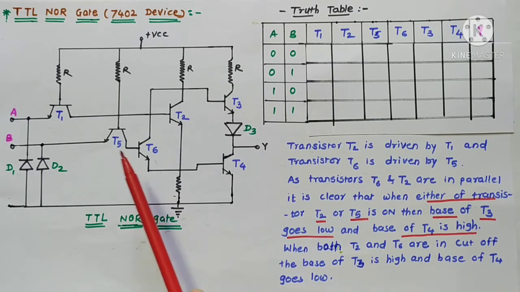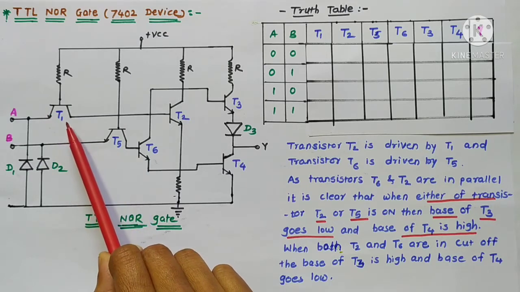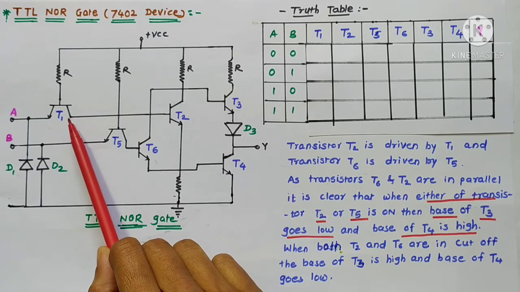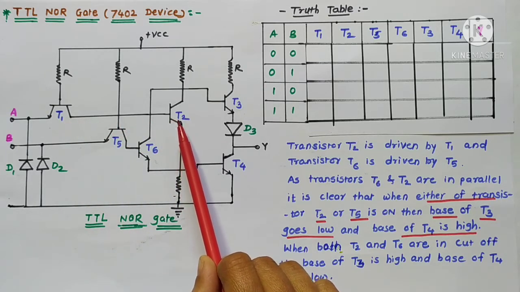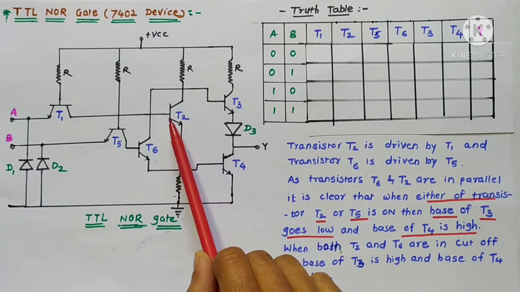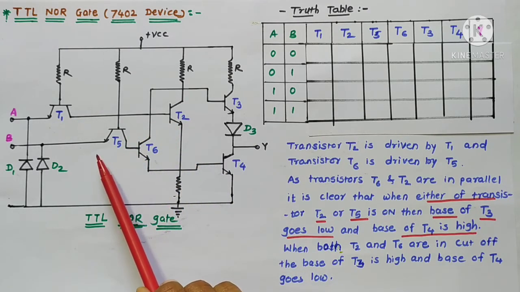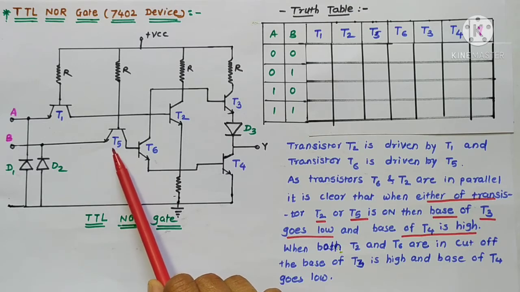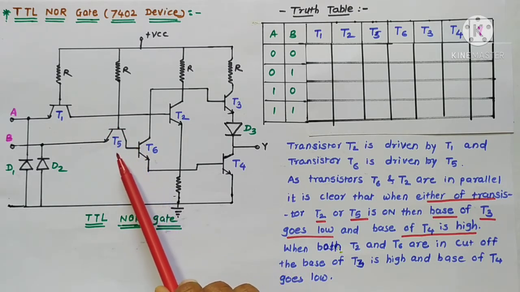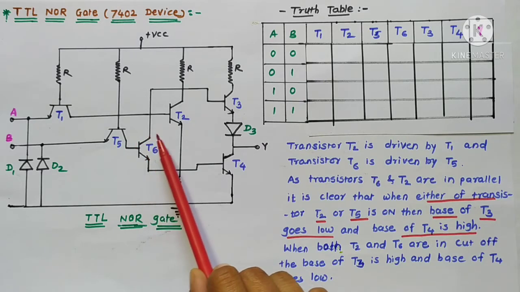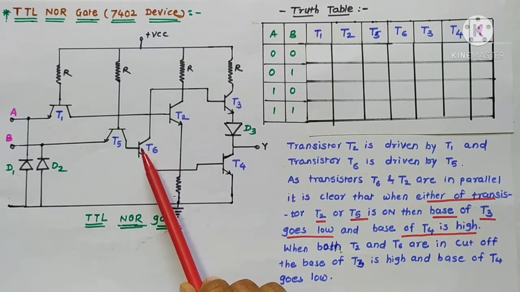Why, students? Because when both transistors switch on, their collectors go low. For example, the collector of T1 is low, and it is given to the base of T2. Therefore, it makes T2 cut off. In a similar way, when T5 is switched on, its collector goes low and it is given to the base of transistor T6. It makes transistor T6 cut off.